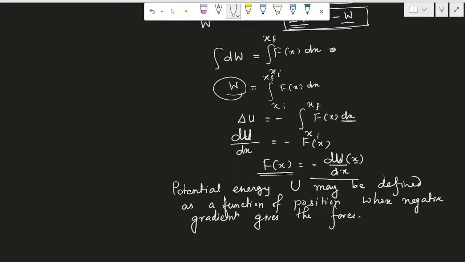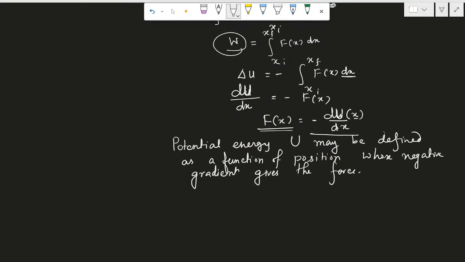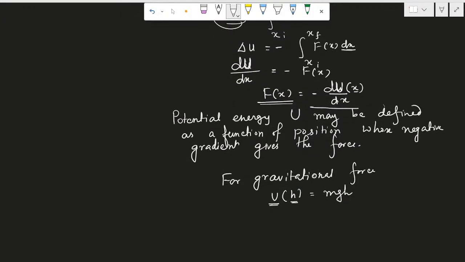For the gravitational force, you consider the potential energy UH, that is equal to mgh, because this potential energy U is a function of h, it varies with h, because m and g cannot be varied. So this is one variable here.